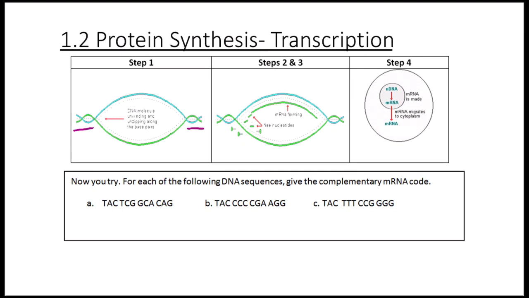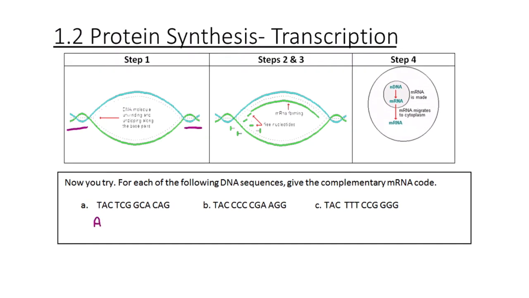So a reminder, A pairs with U in RNA, but T in DNA still pairs with A. C and G pair with each other just as they would for DNA. So our first strand here then is TAC.